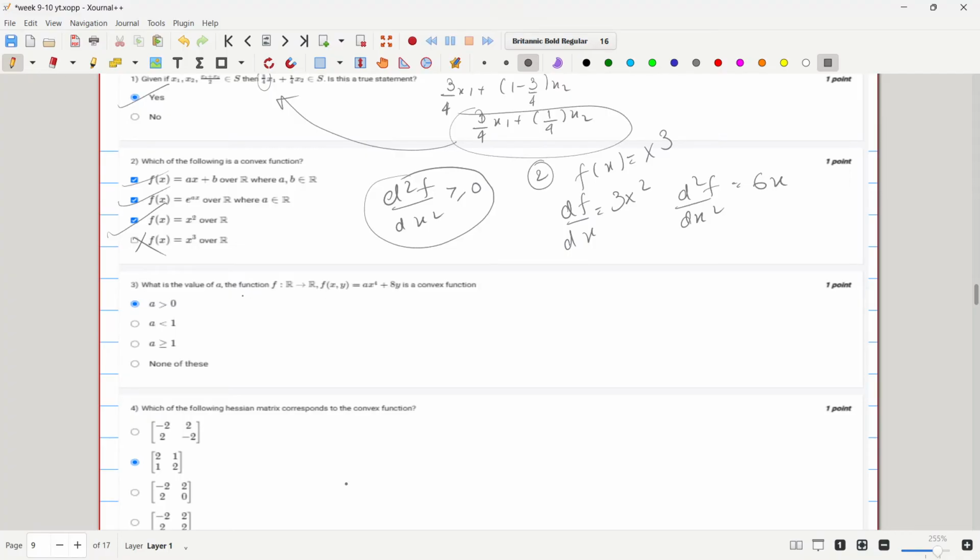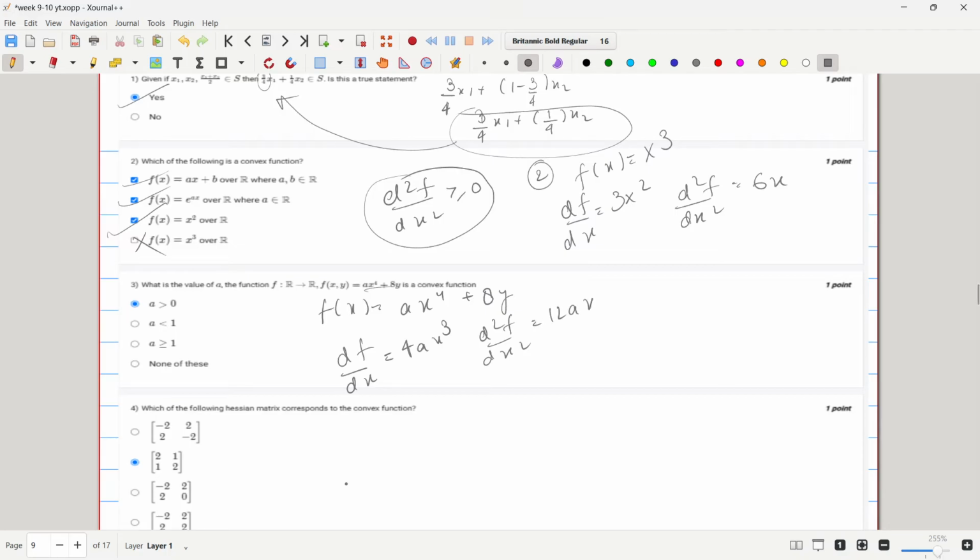Now what is the value of a such that this is a convex function? Your function is ax raised to the power 4 plus 8y. Find df upon dx. It is 4ax cube. What is d square f divided by dx square?